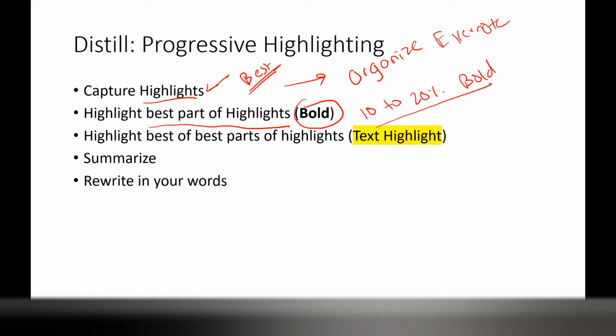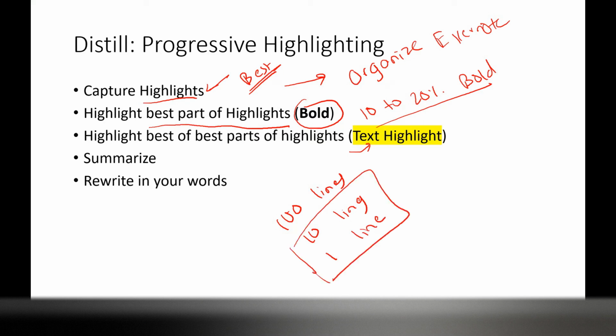Then you highlight even the best of that stuff. Let's say the article is 100 lines. You will highlight 10 lines. You will highlight another line out of that. And this is it. How easy it is to read 10 lines.